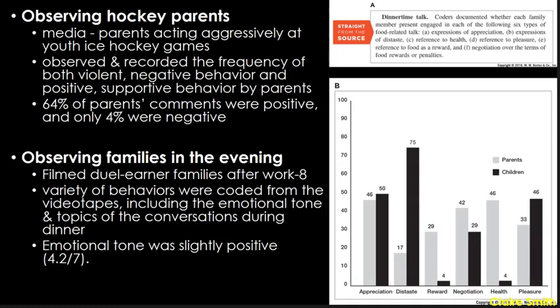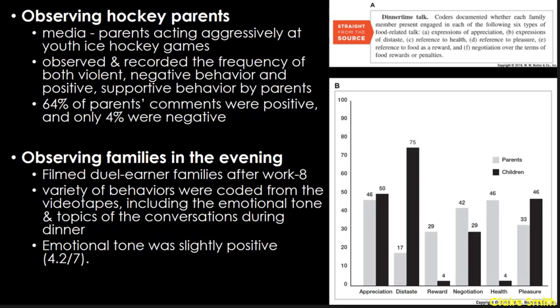Other examples of observational research, there's one in your book talking about observing hockey parents. So in Canada, there is a lot of media coverage of hockey parents getting aggressive at youth hockey games. And again, there were surveys and questionnaires given, where parents responded that they were very positive at games, but the other team was very negative and saying nasty things, so on and so forth. So researchers wanted to see if that was accurate.